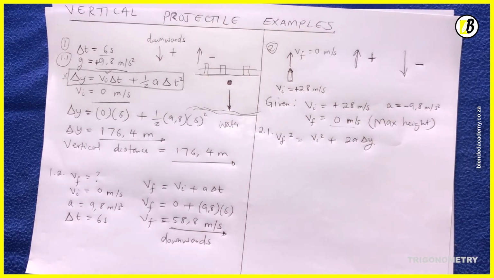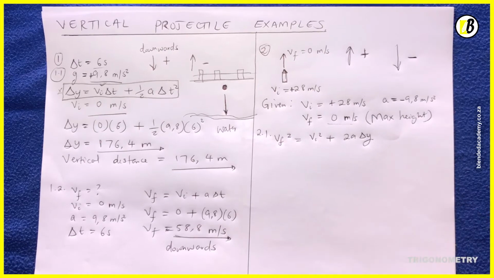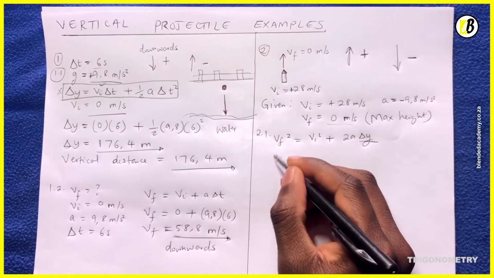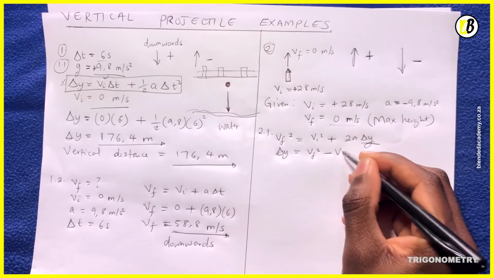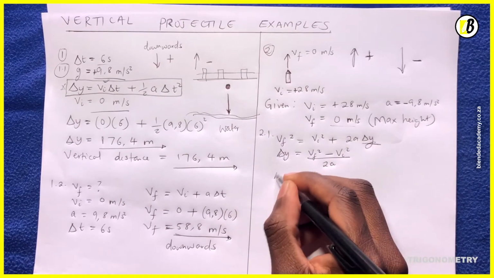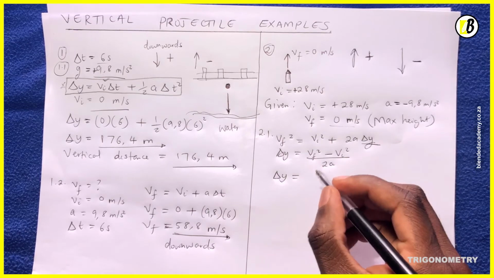Because we're looking for the maximum height reached, let's make this the subject of the formula. It's going to be change in y equals Vf squared minus Vi squared, divided by 2a. Now let's plug in our given values.